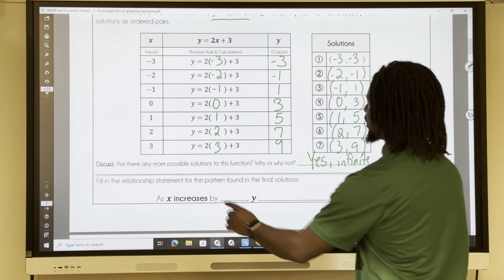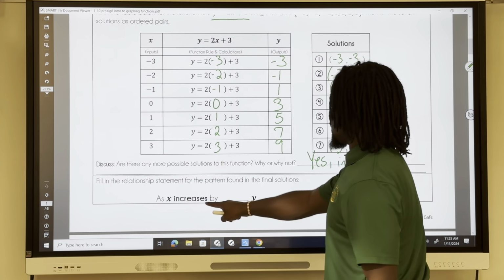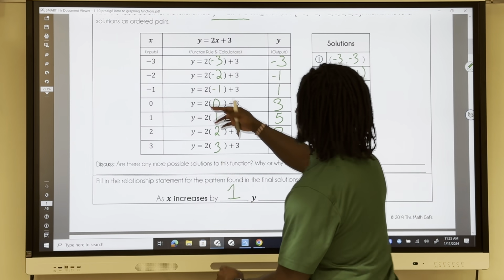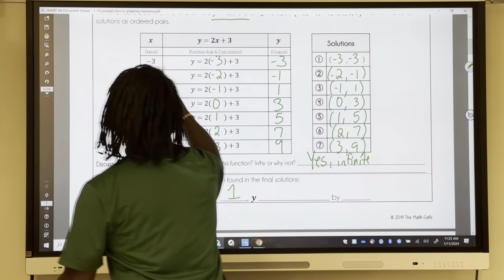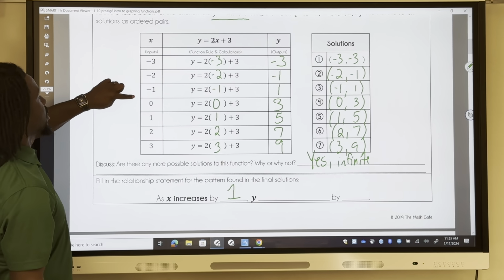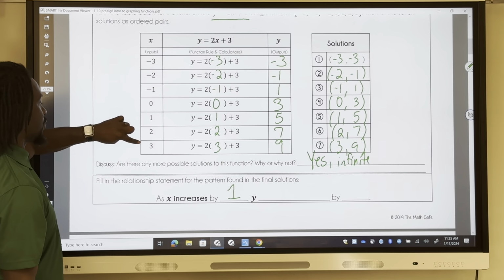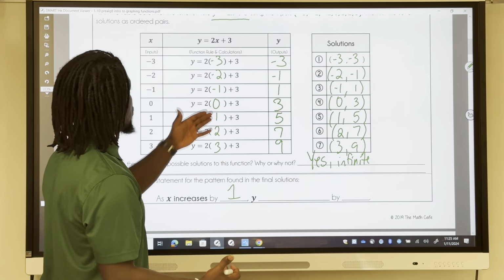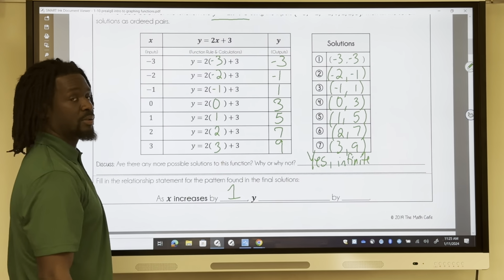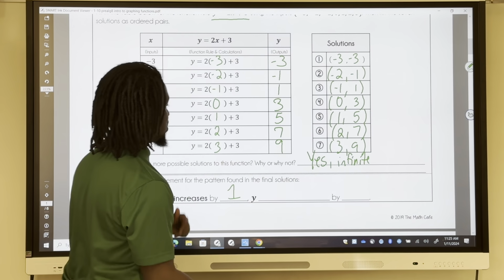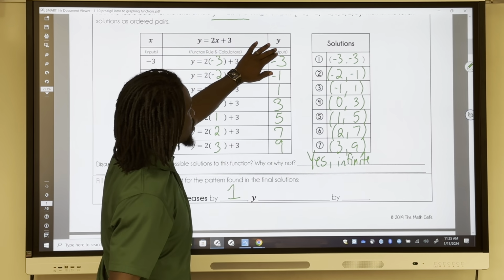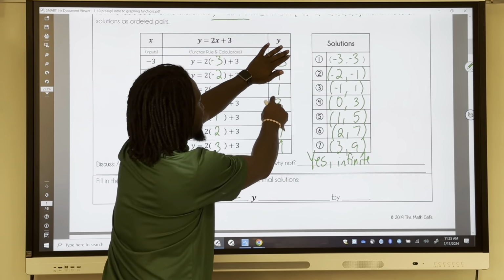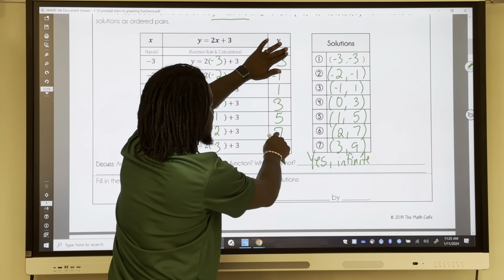Okay, so let's just look. When x increases by 1, so each x is going up by 1, so this is +1, +1, +1, +1, +1, +1, +1. Each time we go up by 1, what is happening to our y's? Well, our y's are increasing. It might be a little hard to see with the negatives, but we go from 1 to 3 to 5 to 7 to 9.